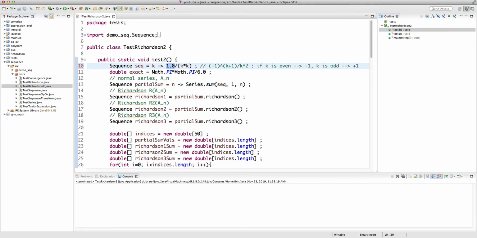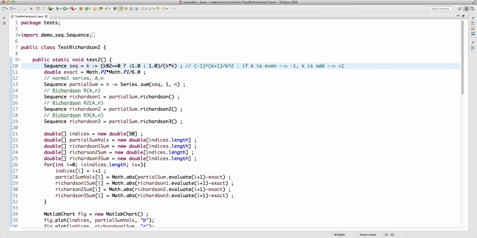So what we are going to do here is that k mod 2 equals 0. We're going to compare it. And if k is even, I want to have minus 1. Otherwise, I want to have plus 1. Okay? And just note one important thing: I'm returning double values, not integers, because I'm dividing by k, which is long.